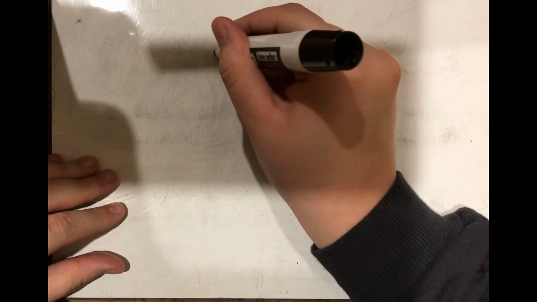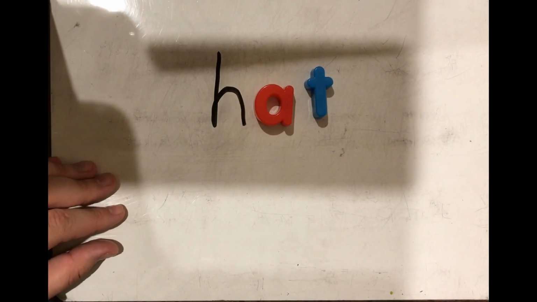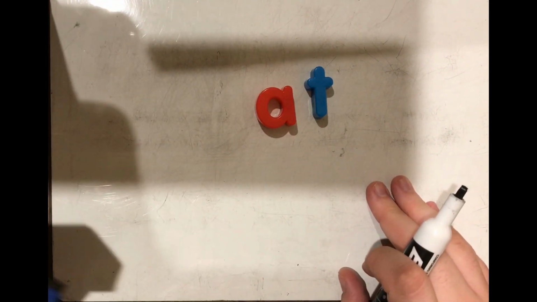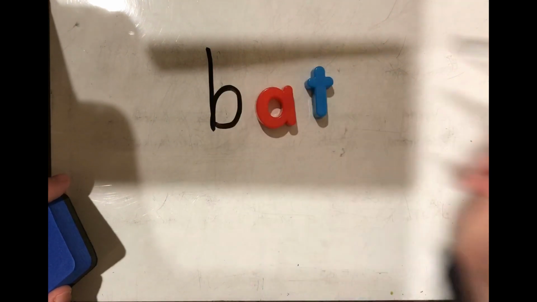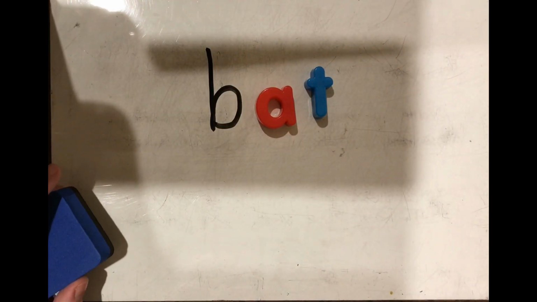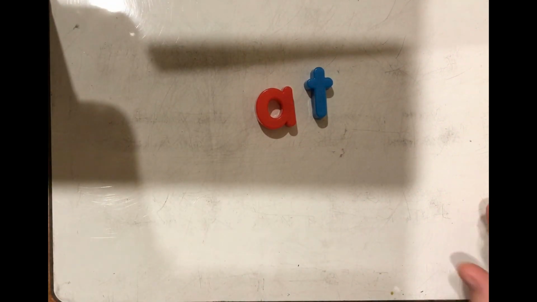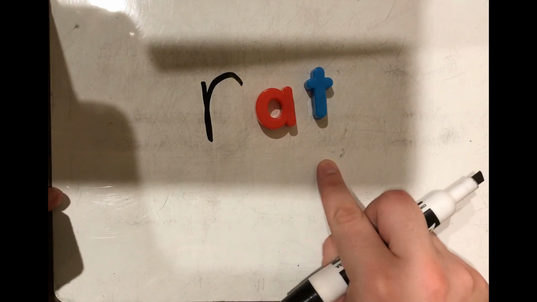If I put an H at the beginning, now it becomes hat. If I take away the H and I put a B, it becomes bat. If I take away the B and I put an R, it becomes rat.